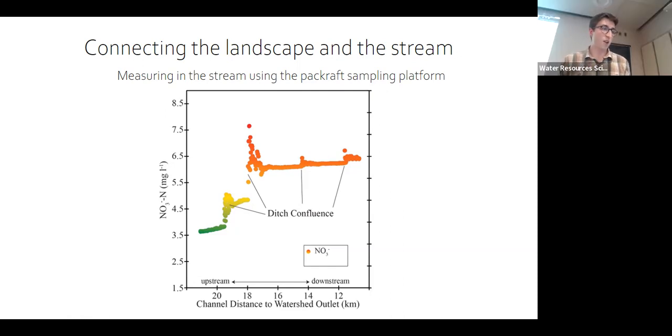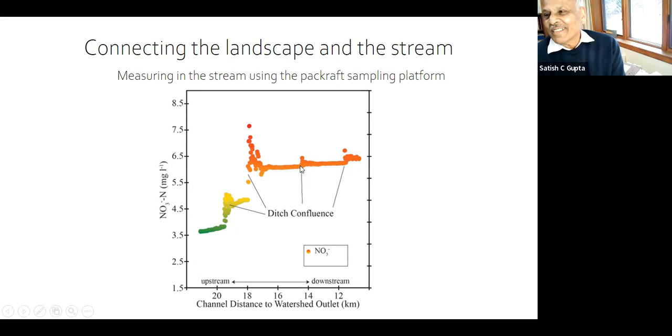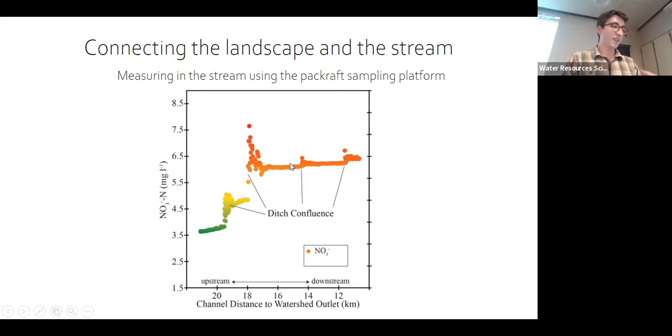Yeah, that's a great question. It would be really nice with this system if we were able to, at the same resolution that we can measure nitrate concentration, also measure flow. But we can't take those measurements. We can understand, I'm not really showing that here, sort of when you pass this ditch, the additional area draining to that point.